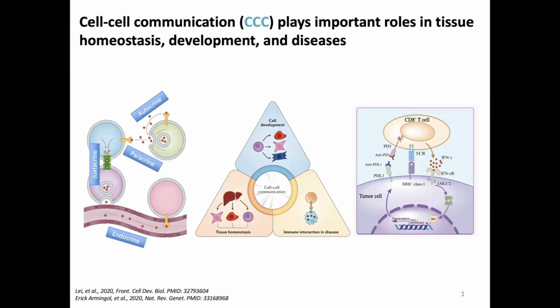So cell-cell communication really plays important roles in many biological processes. Those communications may include autocrine, in which a cell secretes some molecules, and these molecules bind to the receptor on the same cells, or could be paracrine and direct cell-cell interaction, or sometimes could be mediated by endocrines.